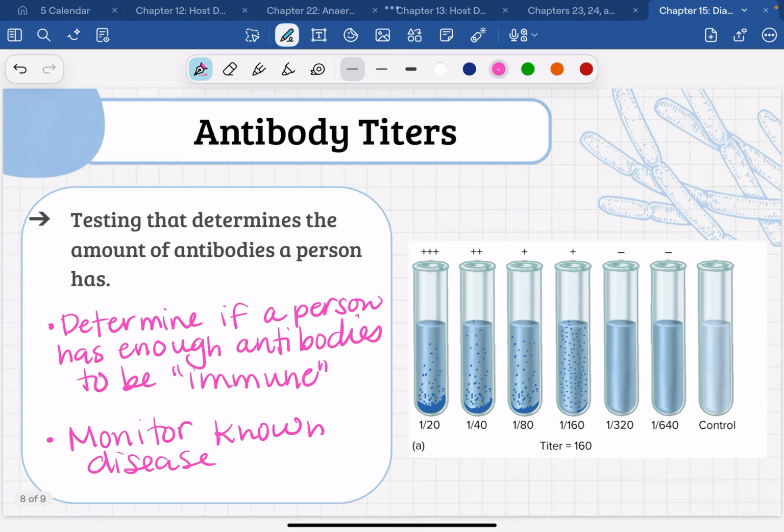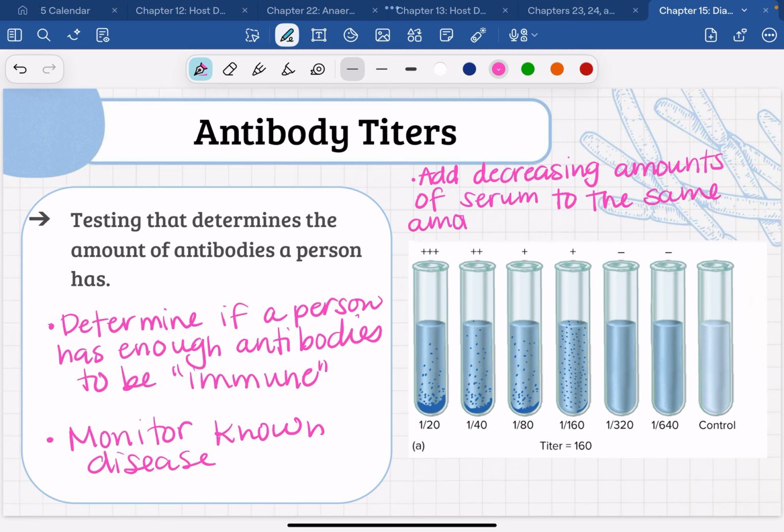Okay, and the way that we do this is we basically add decreasing amounts of serum, which is where the antibodies are, to the same amount of antigen.